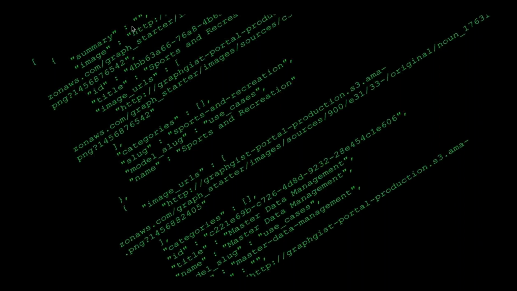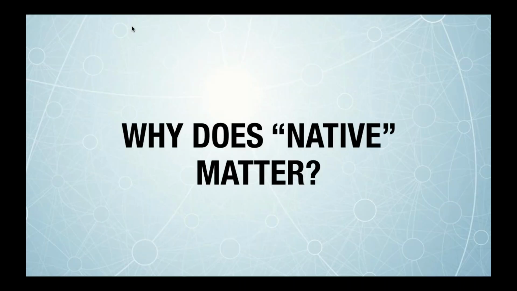And there are many databases that take these native formats, whether it be columnar or SQL databases or key value databases or document databases, and build on top of them a way of expressing queries using a graph. But that's not the native way that their data is stored. The native way that their data is stored is either as a table or as a document or as a key value, and that affects the performance.